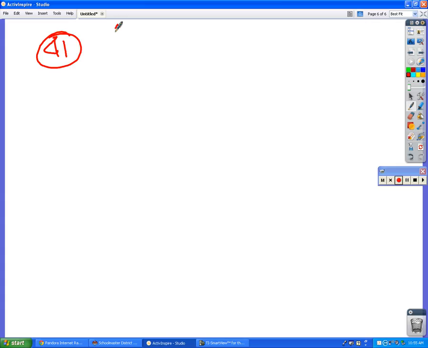Okay, so 41, they give you just this point, and they say write and graph a direct variation equation that passes through each one of the points. So the direct variation, remember, is that you have to say y equals some number times x. And so for us to come up with this equation, we're going to plug in the numbers that we know and figure out what the missing one is.